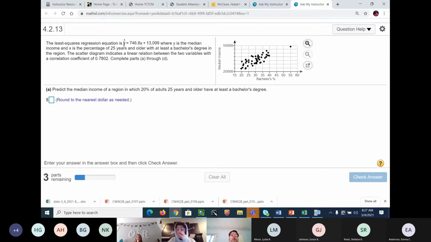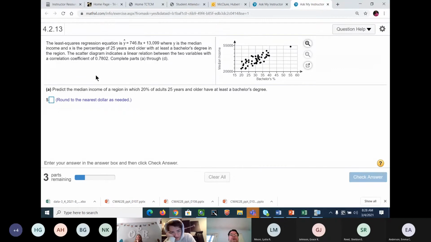The least squares regression equation, okay, they already did it for you. Y is equal to 746.8x plus 13.099, where Y is the median income and X is the percent of people 25 years or older with at least a bachelor's degree in the region.